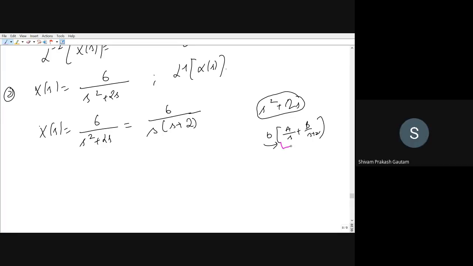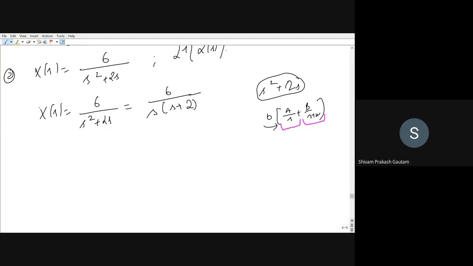But the first thing in your mind should be that we have to do partial fraction. I will tell you just one time in this whole course how to take the partial fraction, because you might have studied it in your school days, and also in signals and systems, but again I'm telling you, for those who are not aware. So 6 upon s into s plus 2 is our fraction. Since there are two factors, s and s plus 2, we will divide it into two parts: A upon s, B upon s plus 2, right?